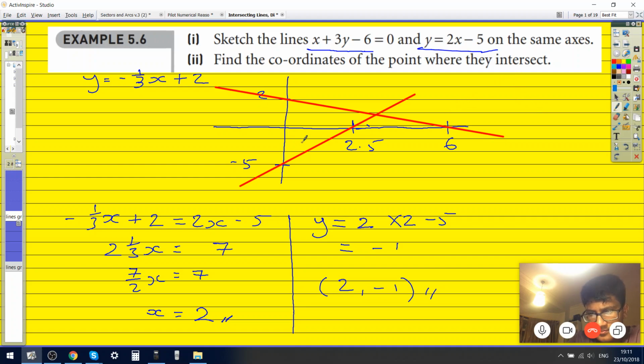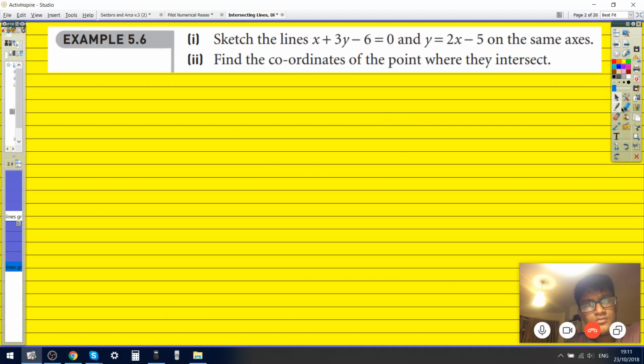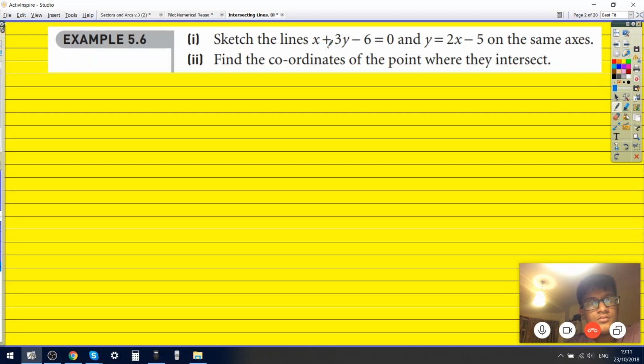So minus 5, 2.5. Okay, so I think what might make this a bit simpler is with the first one. When x is 0, what is y? When x is 0, okay, so x plus 3y minus 6 is 0.